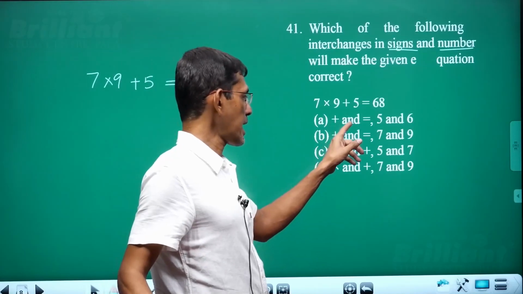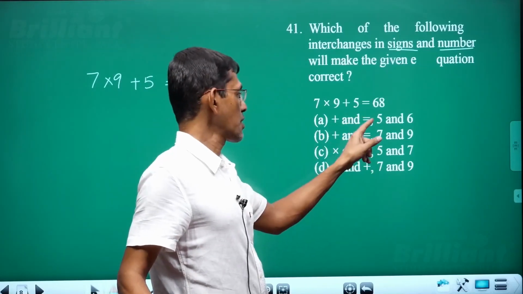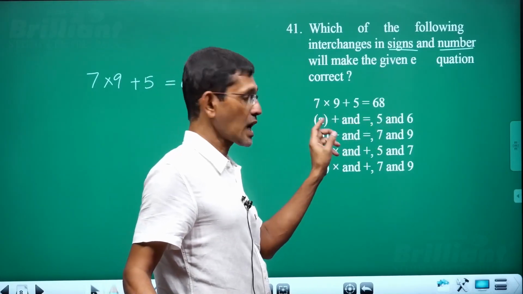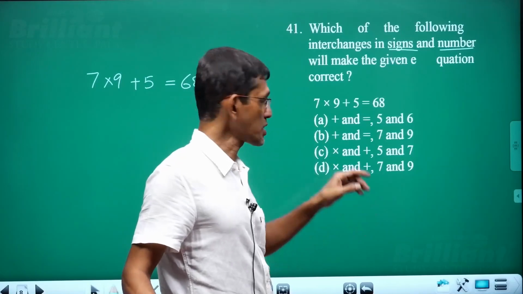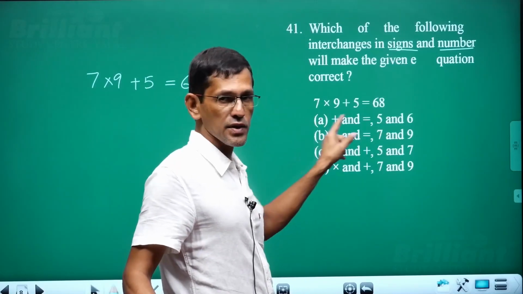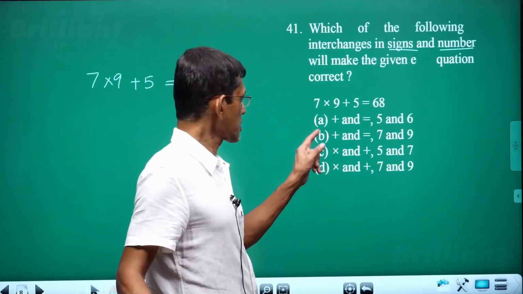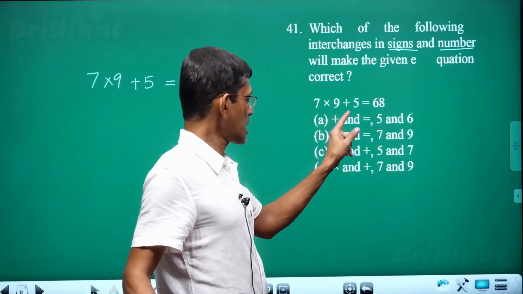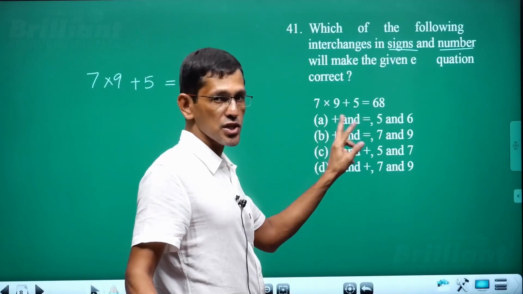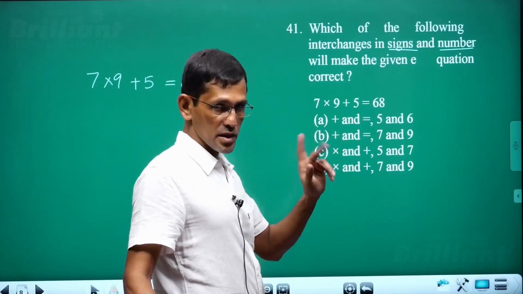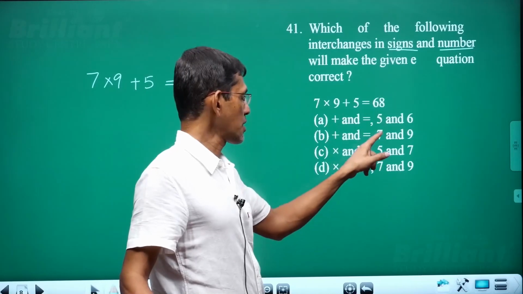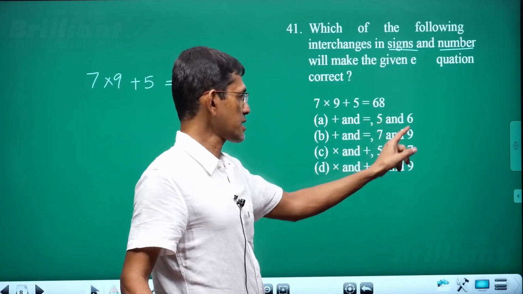Plus and equal to, then 5 and 6. So we have to make all the interchanges given in one of the answer choices. What we have to do is plus and equal to must be interchanged, then 5 and 6.